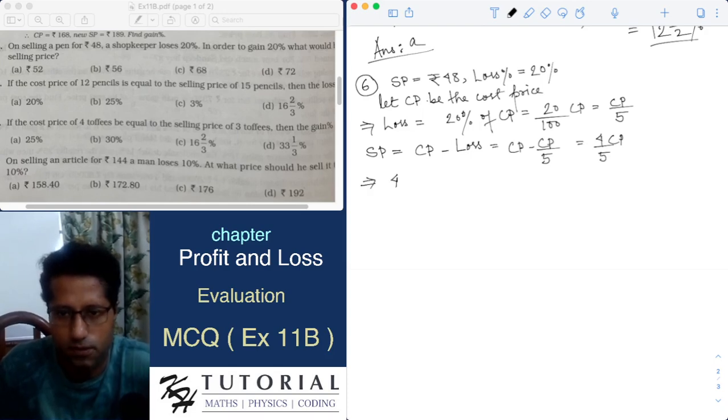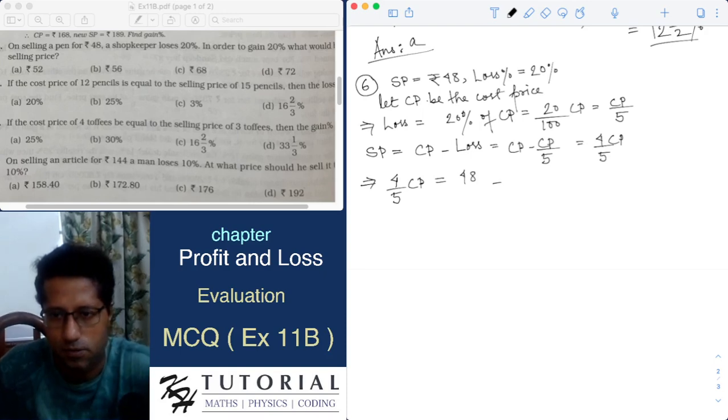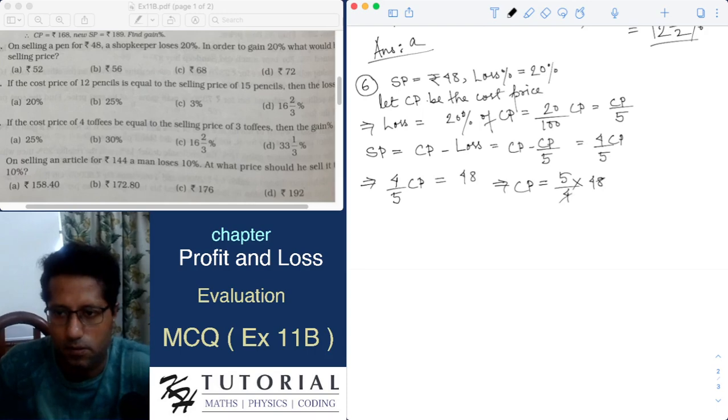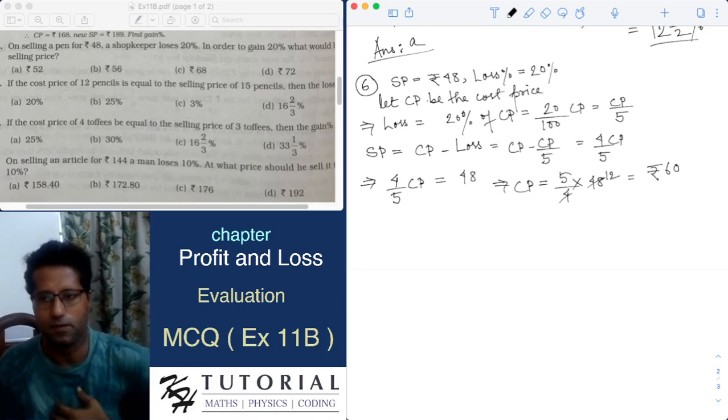So 4 by 5 CP equals 48, and this implies CP equals 5 by 4 into 48. This is rupees 60. Cost price of the pen is rupees 60.